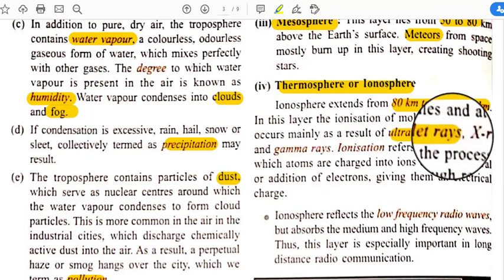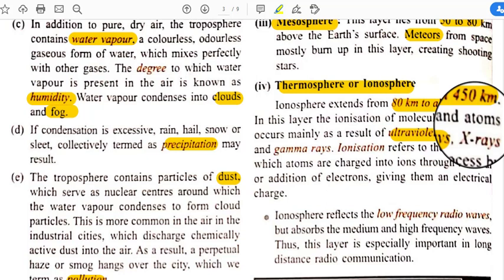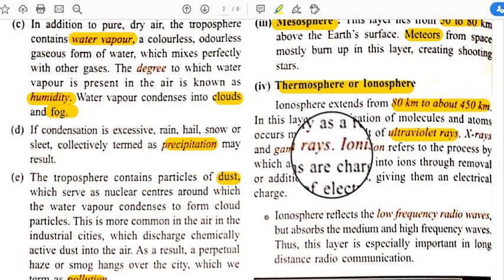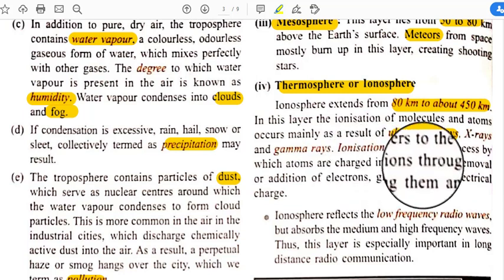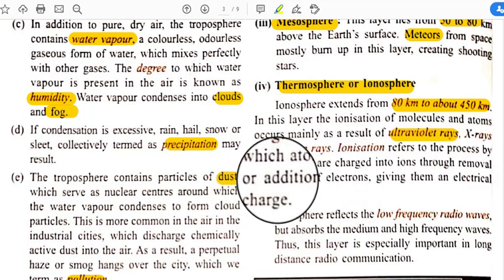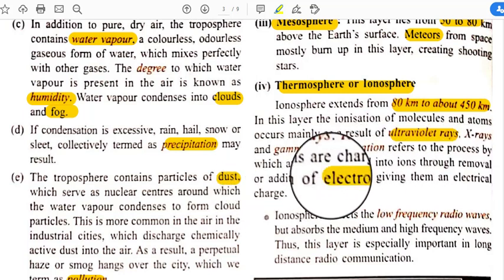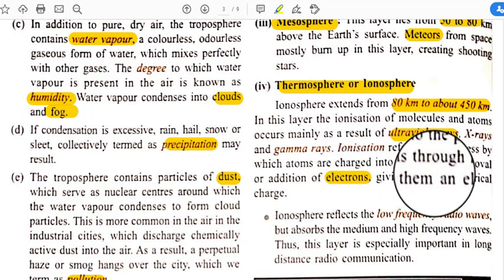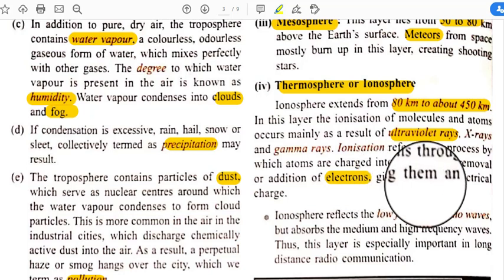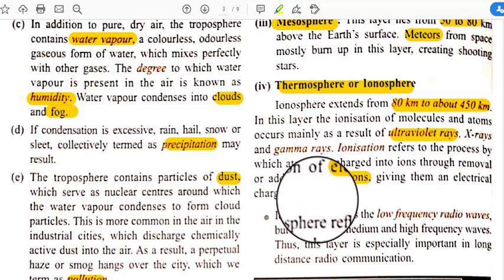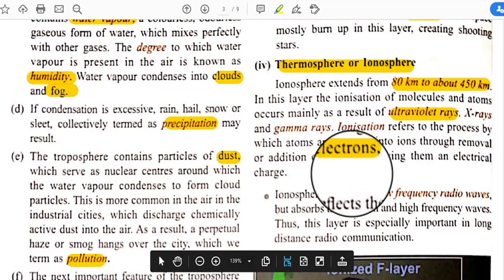With the help of ultraviolet rays, along with X-rays and gamma rays, ionization occurs. Ionization refers to the process by which atoms are changed into ions through removal or addition of electrons. So, here some ions are created, which is why this is also called the ionosphere, giving them an electrical charge, and they are electrically charged.